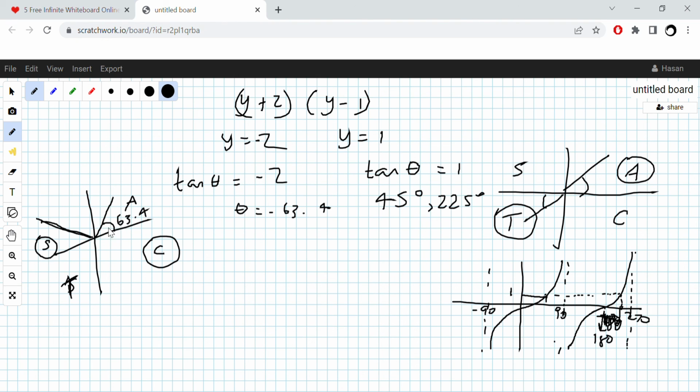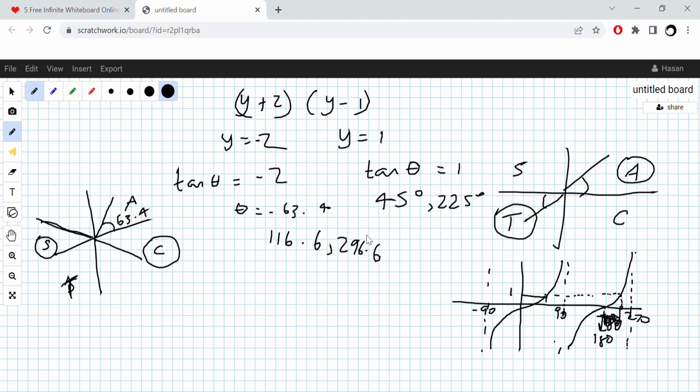To find this angle, you're going to do 180 minus 63.4, which gives you 116.6. And to find this one, it's 360 minus 63.4, which is 296.6.